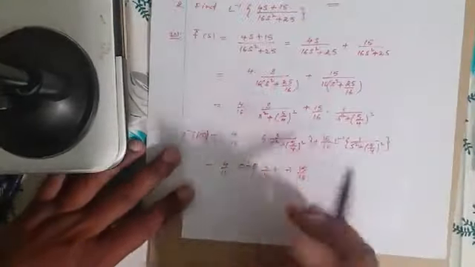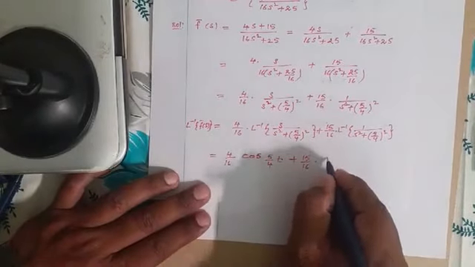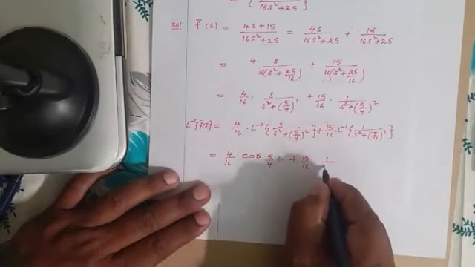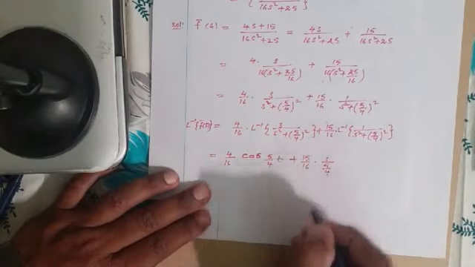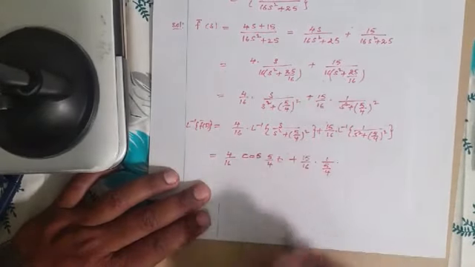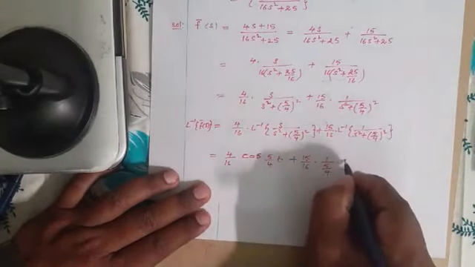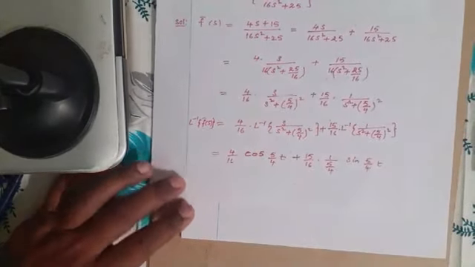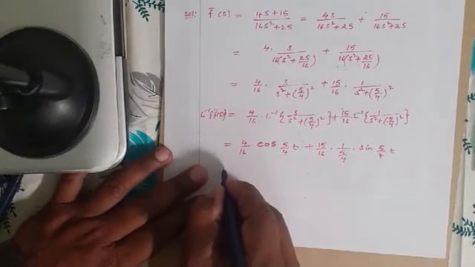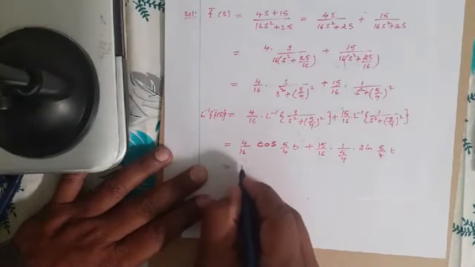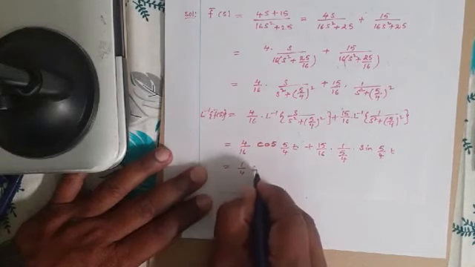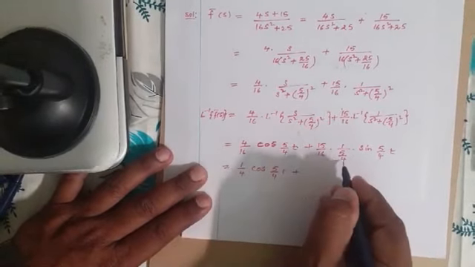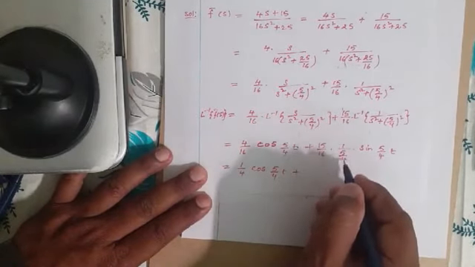So I can write here 1 by a. A is nothing but here 5 by 4, so I have to write here 5 by 4 into sin at, in the sense sin 5 by 4 into t. Now if you cancel this, 4 ones are 4, so you get 1 by 4 cos 5 by 4 t, plus now this 4 goes up, so it becomes 4 by 5.